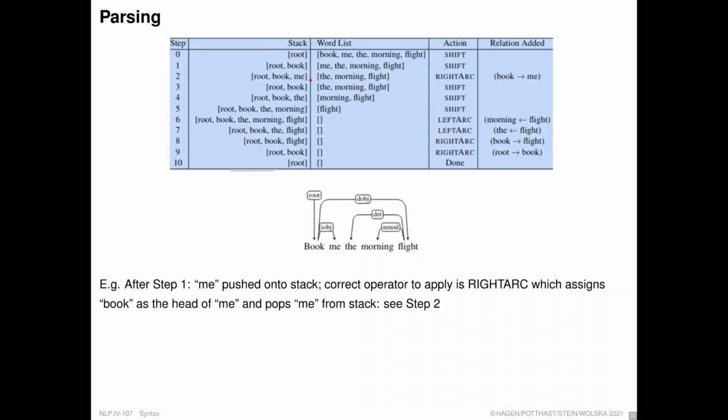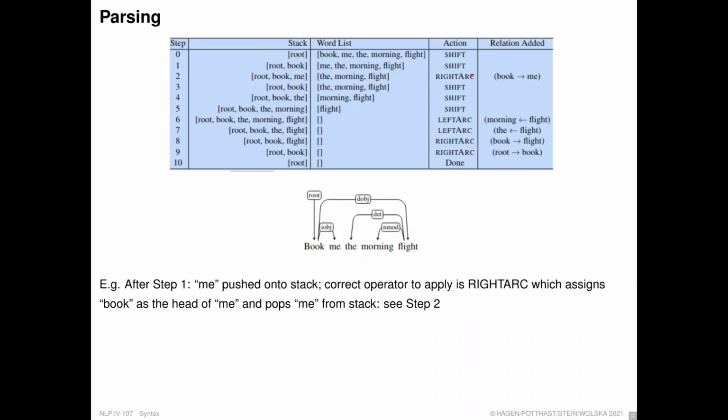So after step two, we've popped this me, and me is no longer available for processing. And the word list is this. So this is an example between 2 and 3 where a word is popped from a stack.